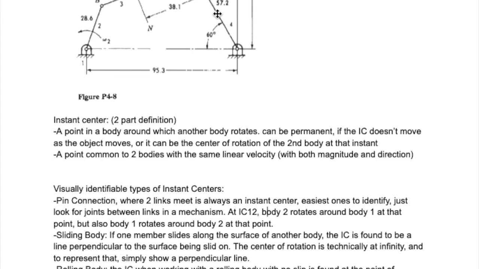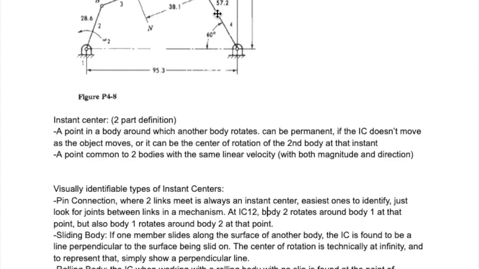It would cross the ground at a perpendicular angle, and it moves along with the object as it slides along the ground. Technically, what it's signifying is that the instant center is at infinity. You never reach infinity, so you can only represent it as a perpendicular line.